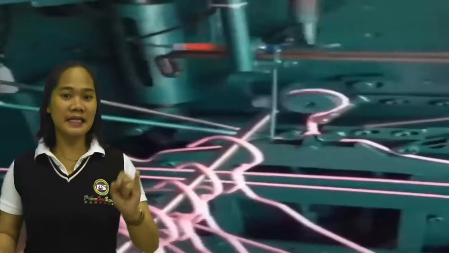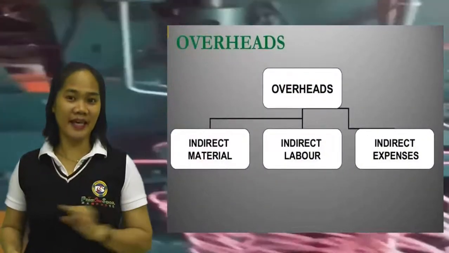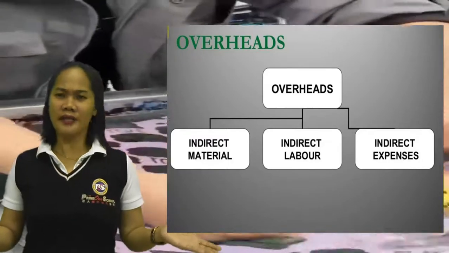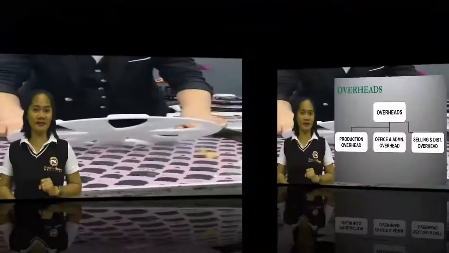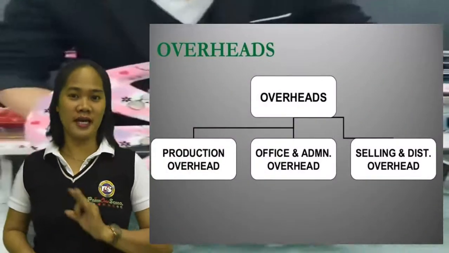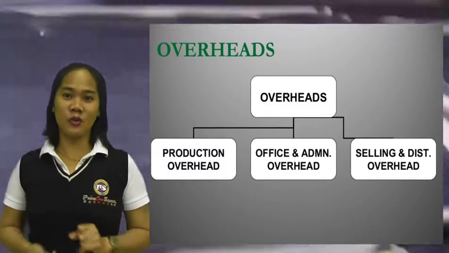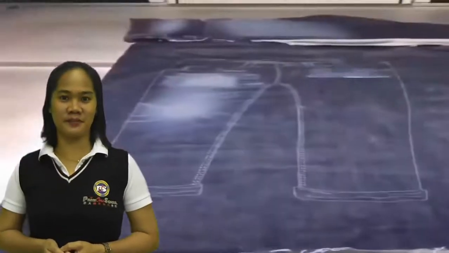Our overheads consist of indirect material, indirect labor, and indirect expenses. Other overheads are the production overhead, office and administration overhead, and selling and distribution overhead. Those are the types of overhead expenses.